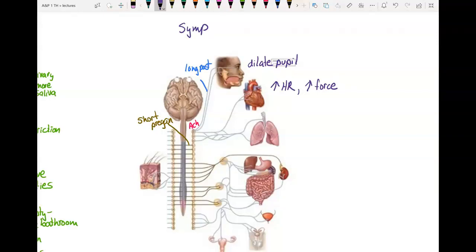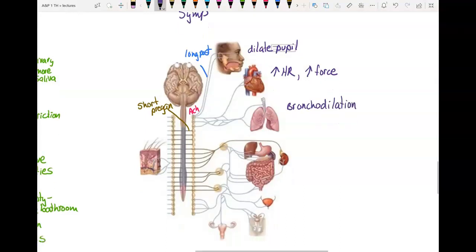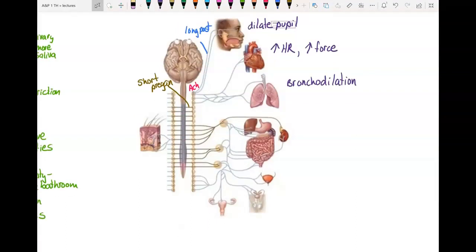And in the respiratory system, it's going to stimulate bronchodilation. So you're going to open your airways and you're going to let more air in and out with each breath. Notice that in these situations, you're having your synapse in the sympathetic trunk.